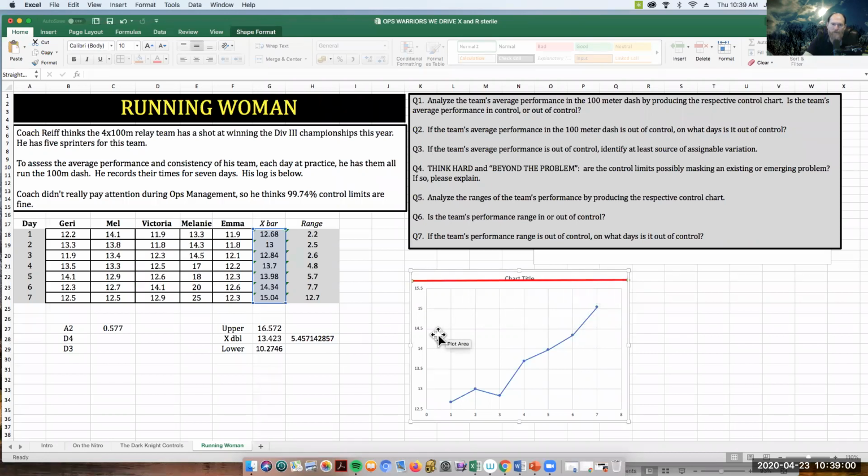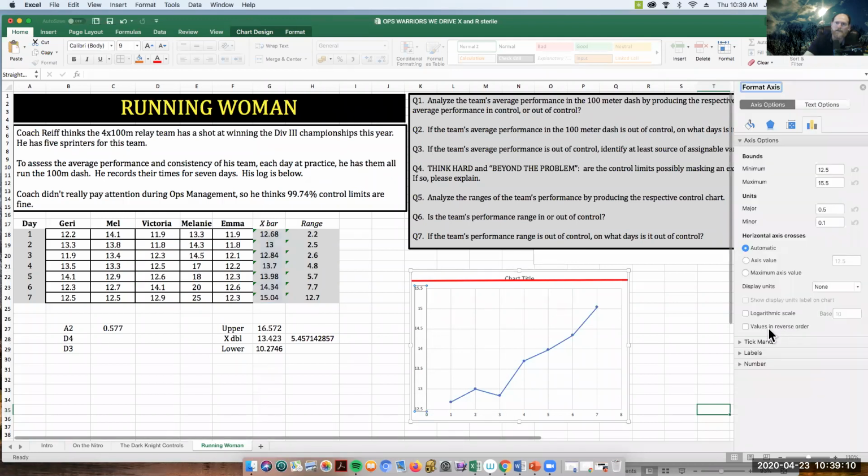So here I would have to adjust my chart axis anyway, because Excel's only taking it to 15.5. So I'm just going to put it at 17.